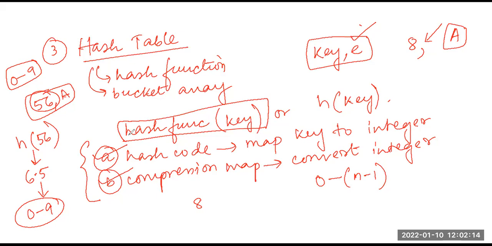Then what solution we take when collision happens. It may happen that while calculating a hash function, you will see that for two different elements, the same key value has come. So when collision happens, what are the solutions we take in order to avoid the collisions? So all these things we will study in the next class.